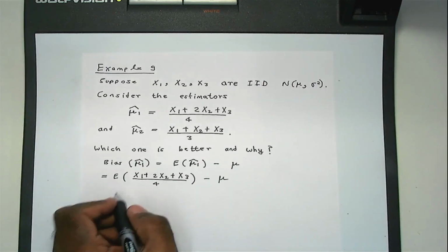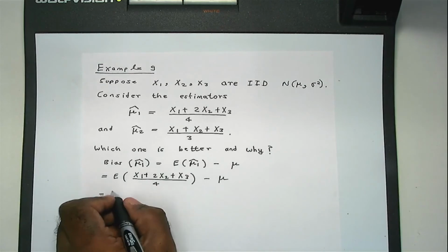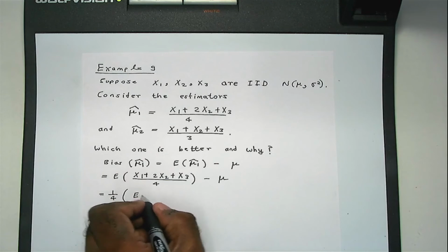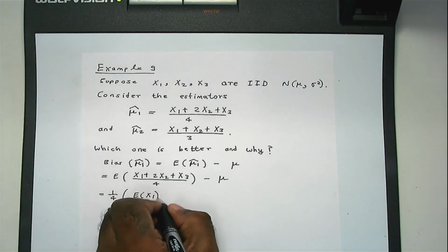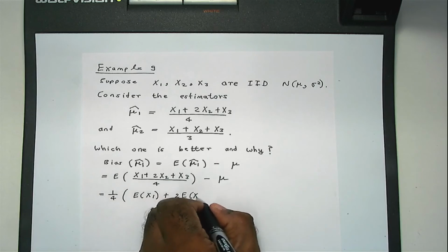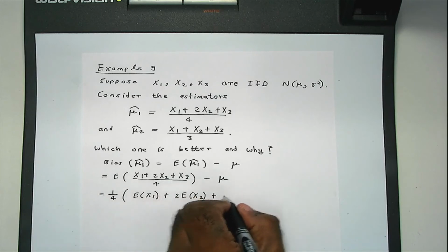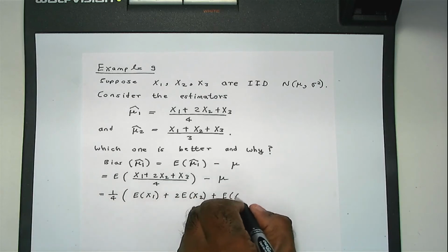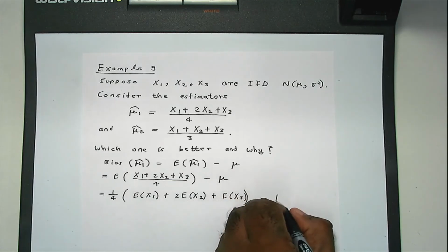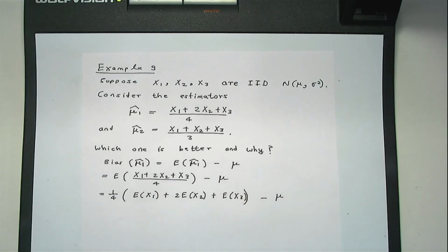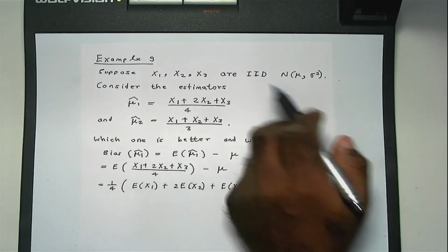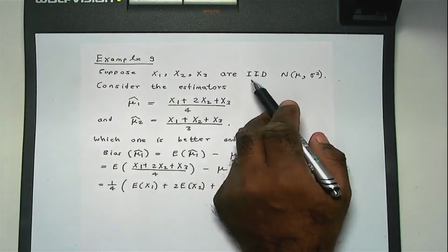Taking the expectation inside, you have a quarter of the sum, minus mu, right? And each of these is equal to mu because we are assuming it is IID normal with these parameters.